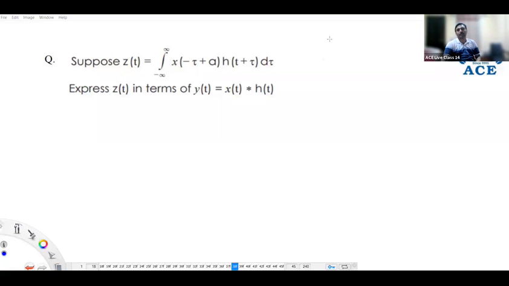Tell me what is z of t in terms of y of t. Assume any one bracket term as lambda. Simplify. You will retain the answer in terms of y of t. Come on, come on.